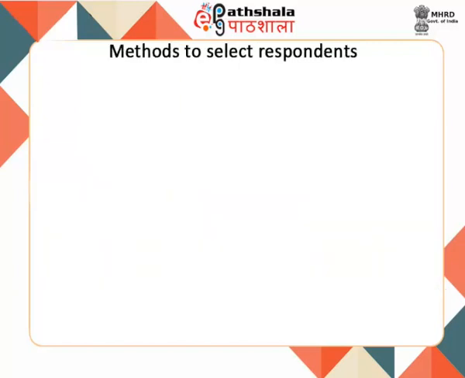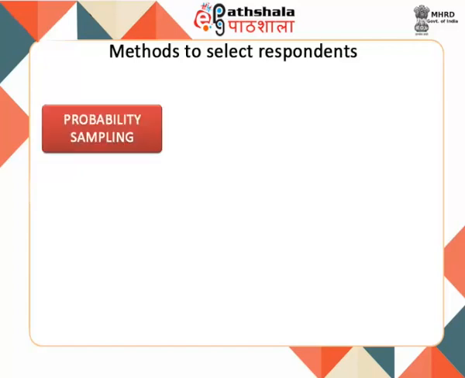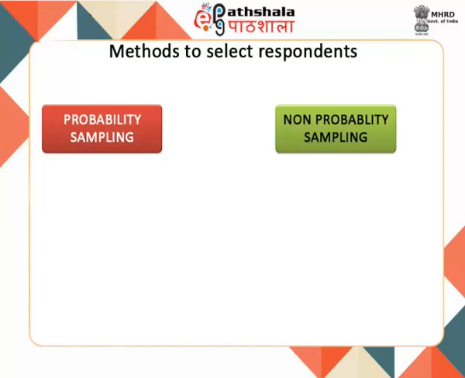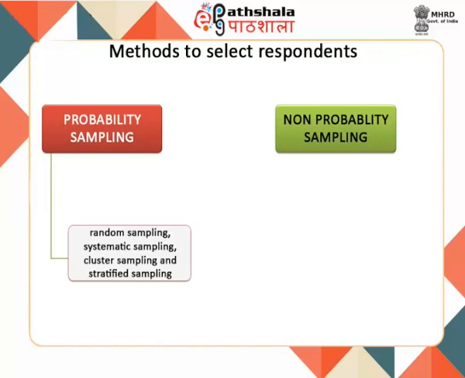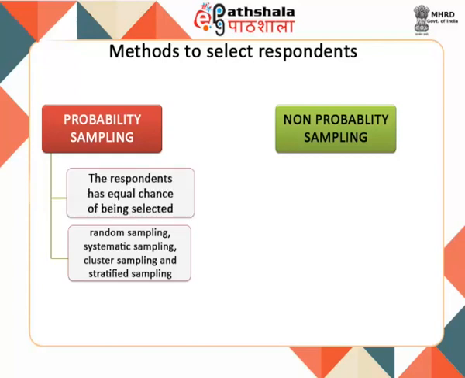Methods to select respondents. The alternatives available to select the respondents out of the population are probability sampling and non-probability sampling. Probability sampling includes methods like random sampling, systematic sampling, cluster sampling, and stratified sampling, where the respondents have an equal chance of being selected in the sample.